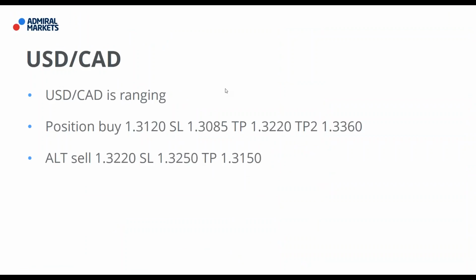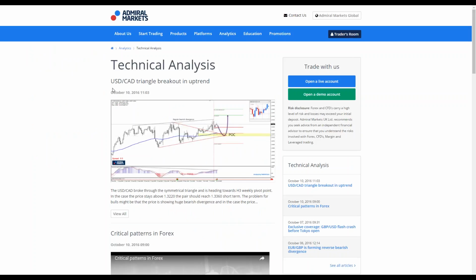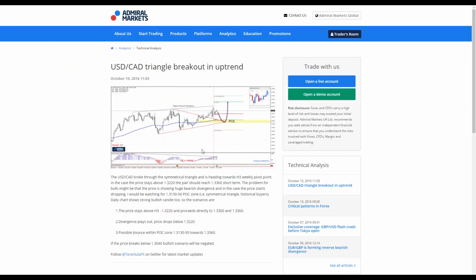Okay. Next one is dollar CAD. Same as with my analysis. I hope that you made money today because, guys, I was trading my own analysis today. And what did I say? If it breaks 32.20, this is divergence.